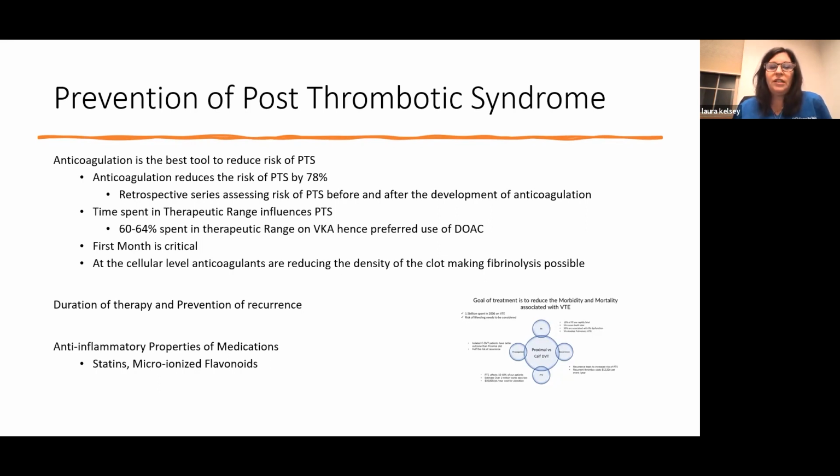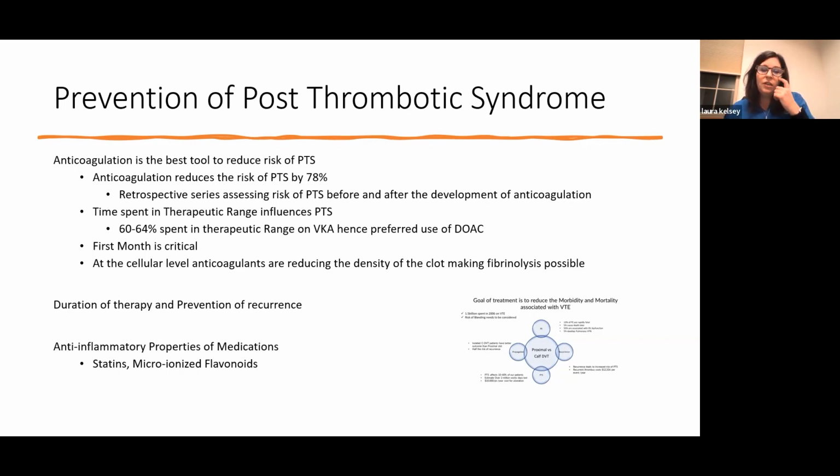And if we start to look at the cellular level, it makes sense, right? If the anticoagulants are making that clot more porous, it allows for the natural fibrinolysis to occur. And we'll see that in lytic therapy as well, right? The non-occlusive clots tended to do better with systemic thrombolysis than the occlusive clots.